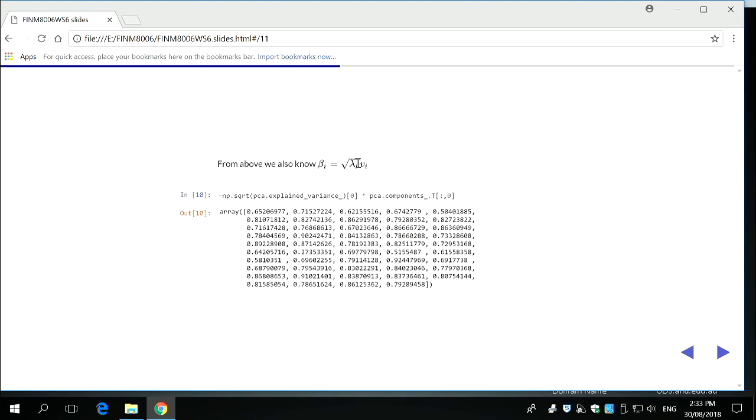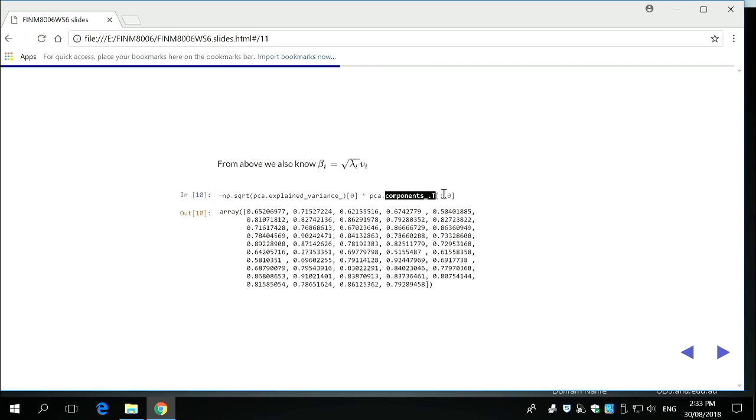So in this program, the lambda is in explained variance. I take the square root of this array and then take the first element from it. And v is in components dot transpose.